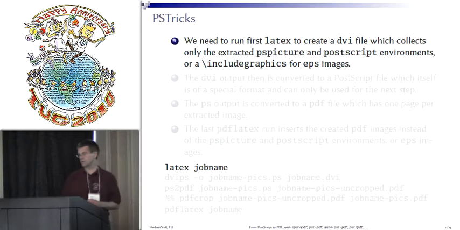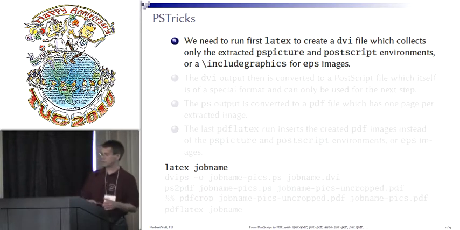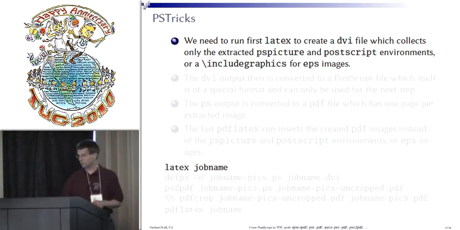In this case, you have to use 4 runs. The forerun, as usual, LaTeX, and it creates a DVI file which is not really usable for further purposes. You need it only to convert it to PostScript.